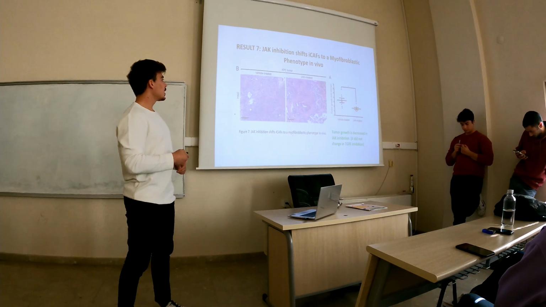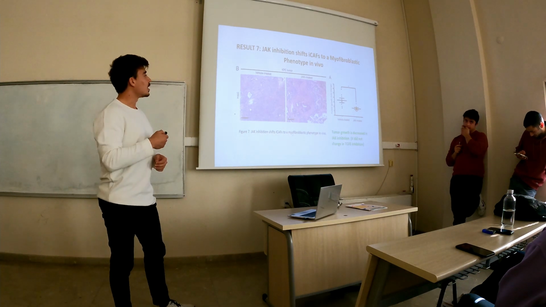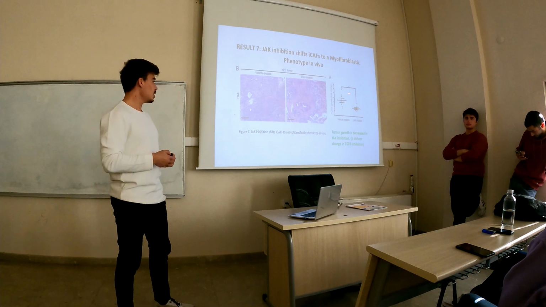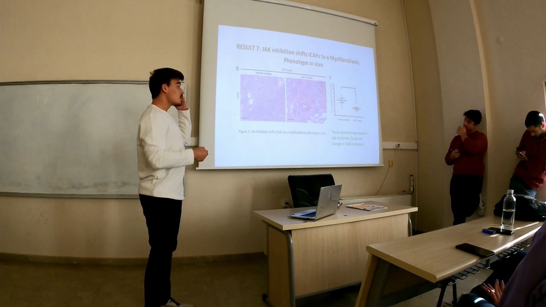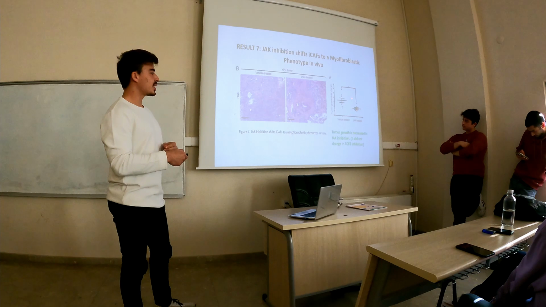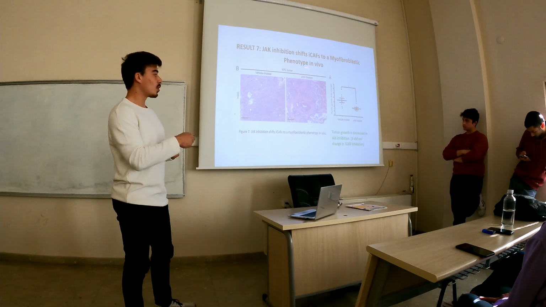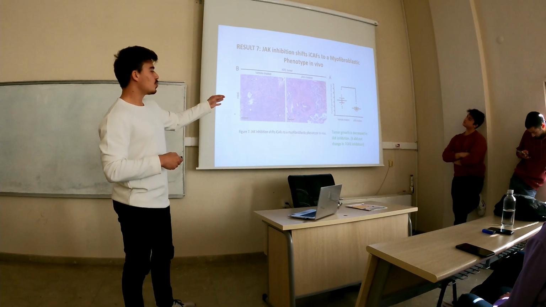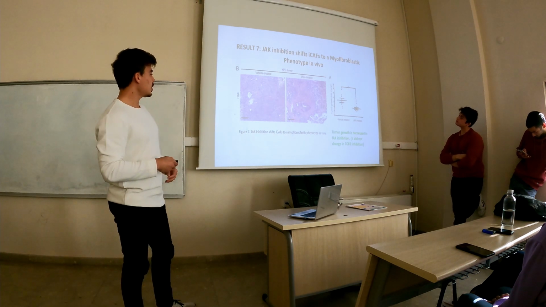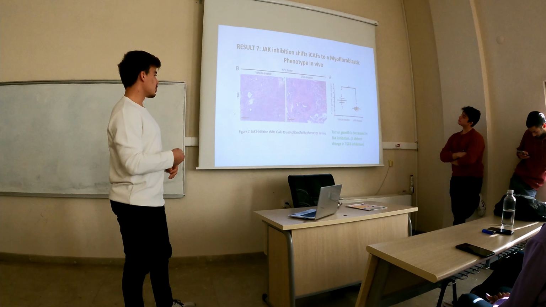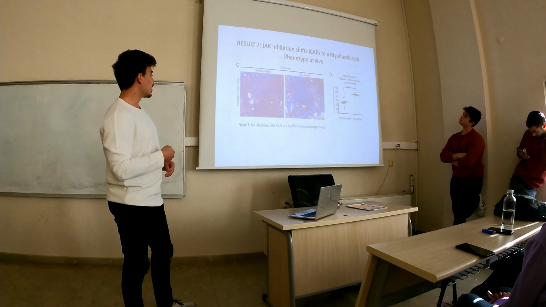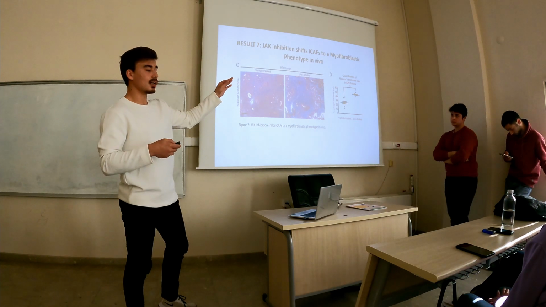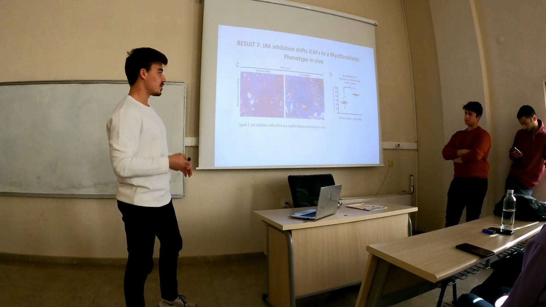In figure 7, they showed that JAK inhibition shifts ICAFs to the MICAF phenotype. So tumor growth is decreased here when compared to the other result, and the tumor growth is decreased in JAK inhibition, and they did the same experiments, hematoxylin eosin assay and Masson's trichrome assay, to show that the quantification is the exact opposite of the other result.